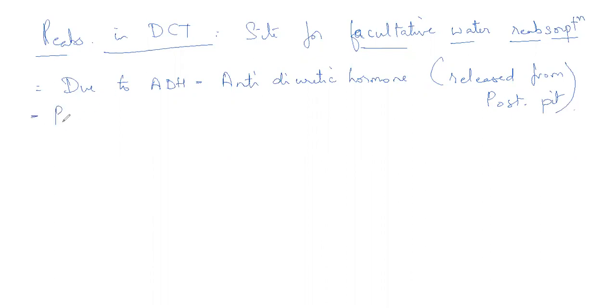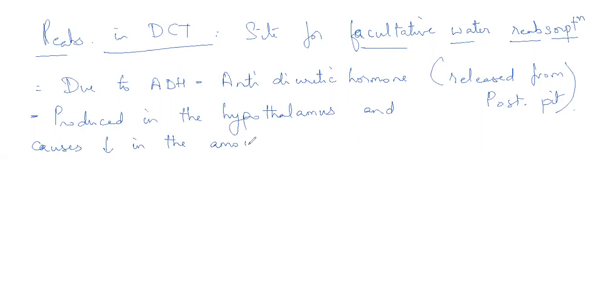It is produced in the hypothalamus and causes a decrease in the amount of urine formation.